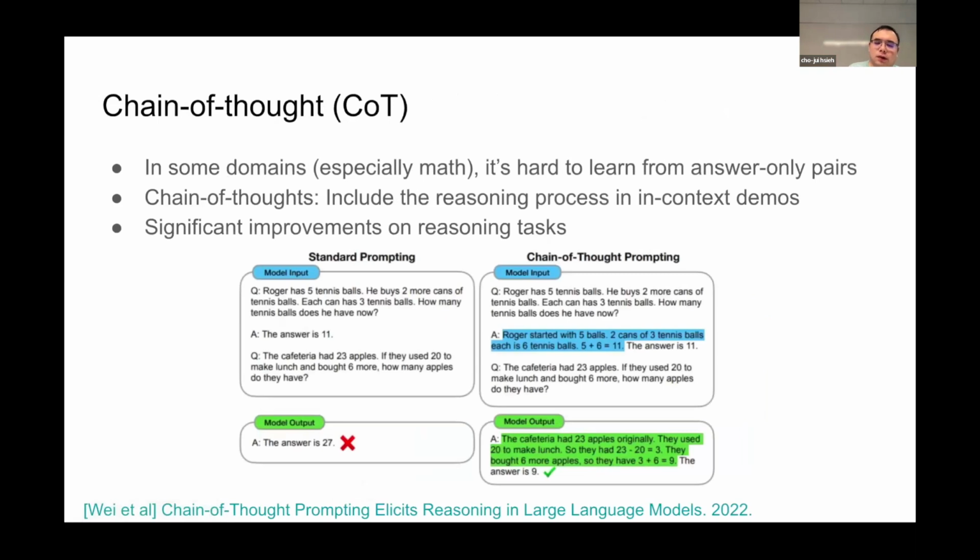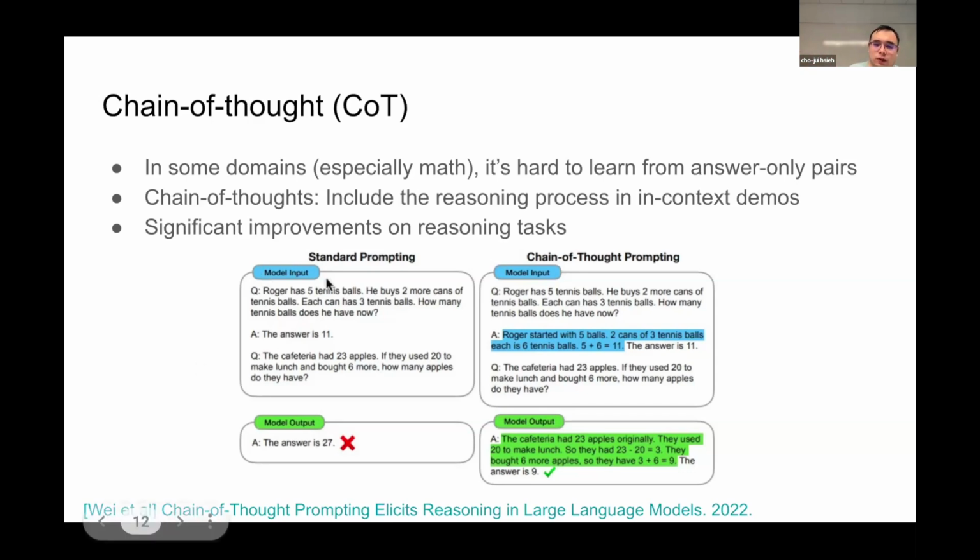Another important prompting technique, particularly useful for reasoning tasks, is chain of thought prompting. In some domains, especially math, it's very hard to learn anything from just the answer.